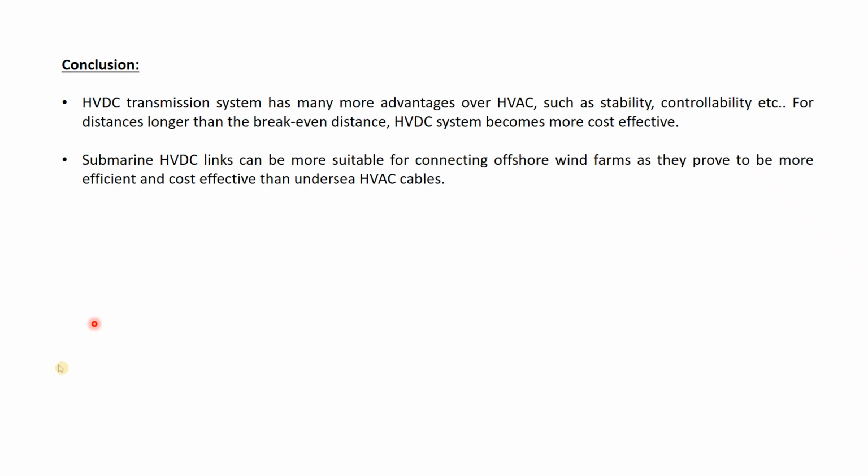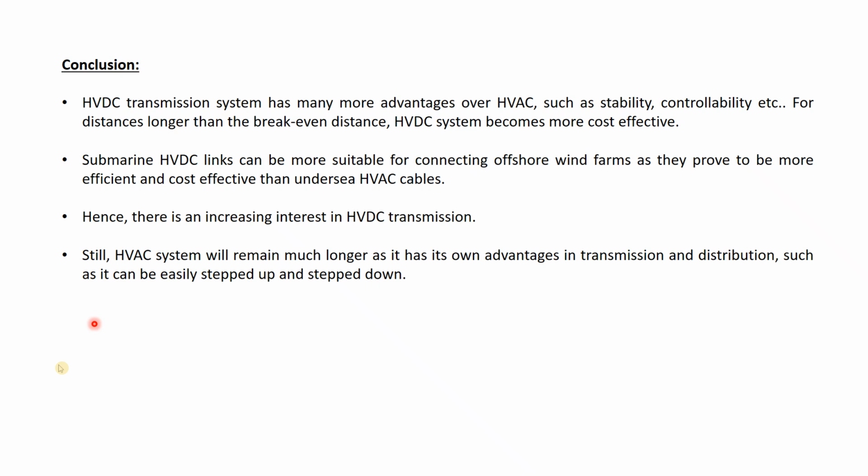So in that case, HVAC transmission will be quite expensive, because as per the graph we have seen, above the break-even distance, HVAC becomes very much expensive compared to HVDC. So that is why HVDC is much cheaper. So HVDC links are preferred for undersea transmissions.